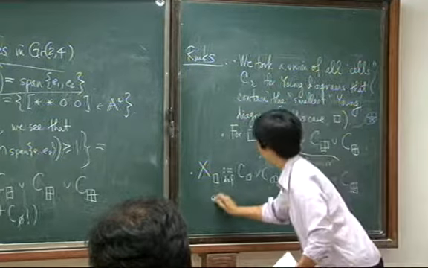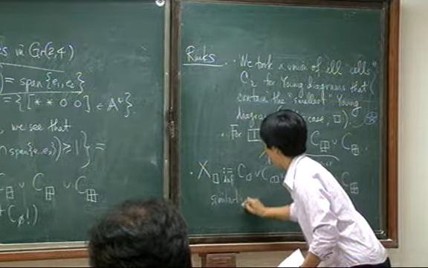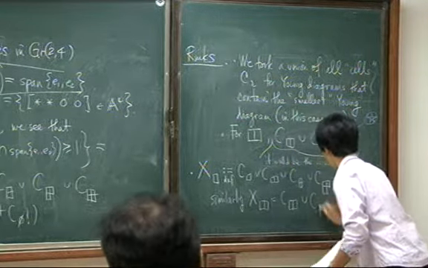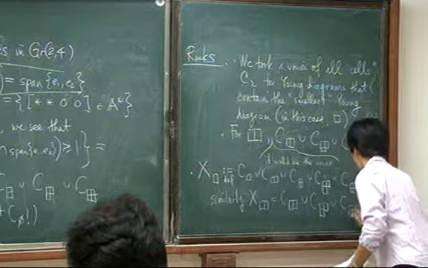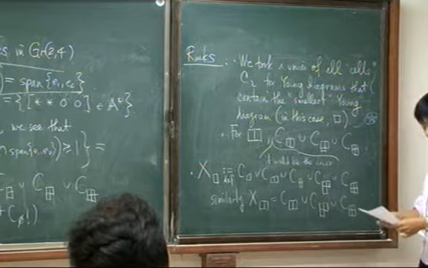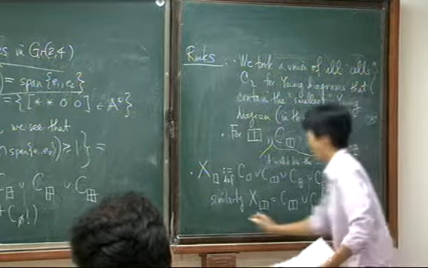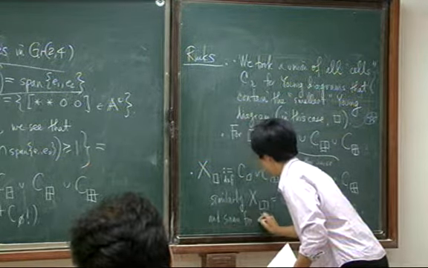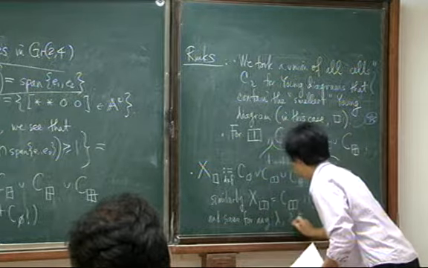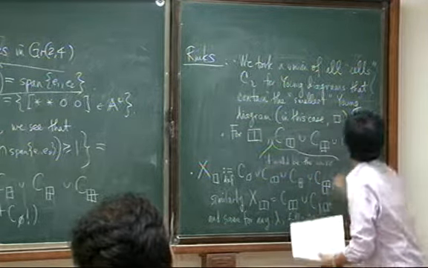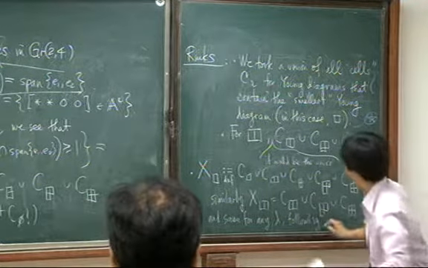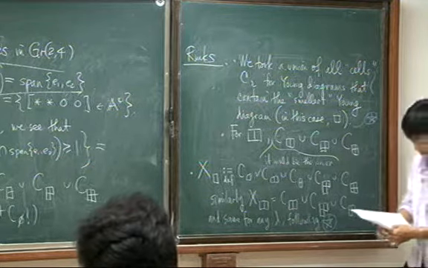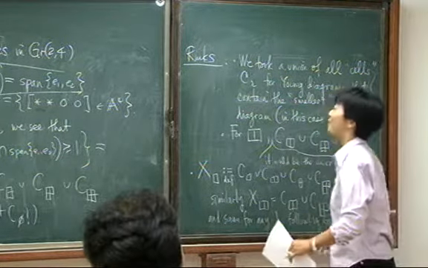Similarly, etc. And the same for any lambda following this rule. And by definition, these are the Schubert varieties. All right, fact.